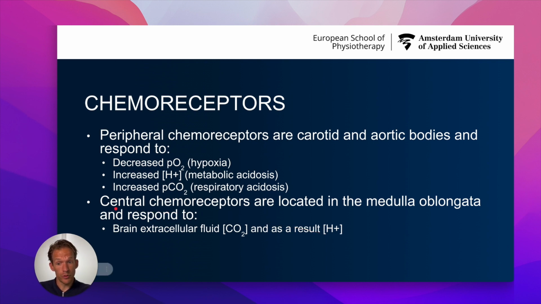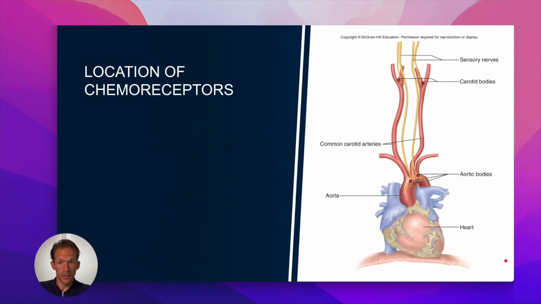But the most important thing to realize here is that the central receptors do not respond to O2. So O2 can only be detected by the peripheral receptors. And these peripheral receptors you can find right here, in the arch of the aorta, and also here the carotid bodies are located.